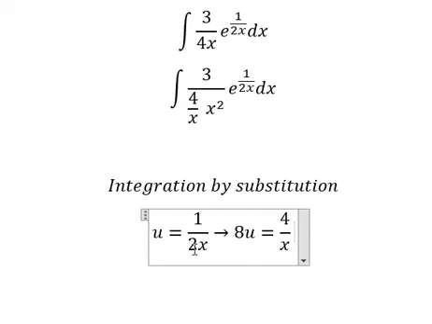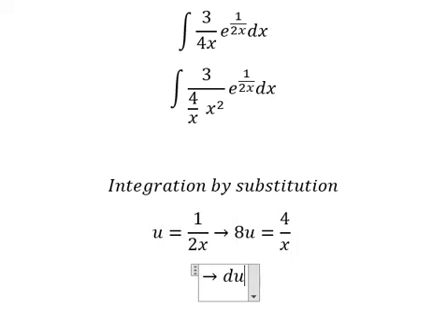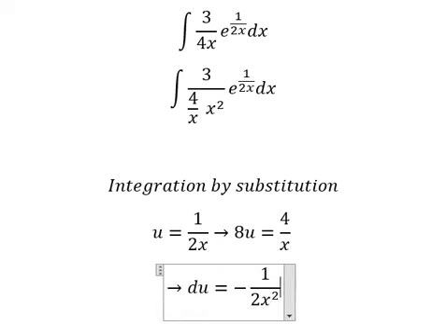Next, we need to do first derivative for the derivative of this one. So that should be about -1 over 2x squared dx.